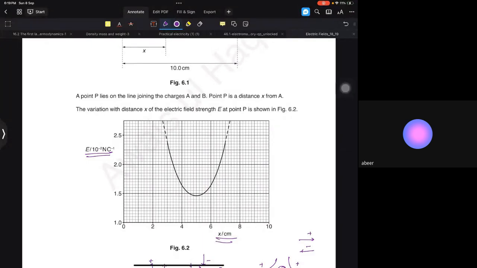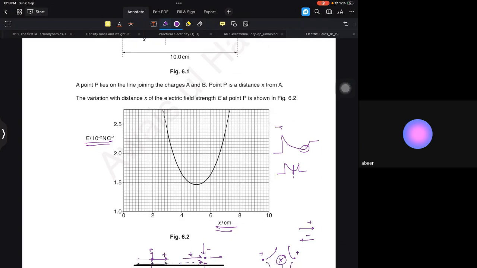If the magnitudes are different, then the graphs sort of get skewed from one end. If it's a symmetrical graph that you see right now, then it basically means that they must have the same magnitude.